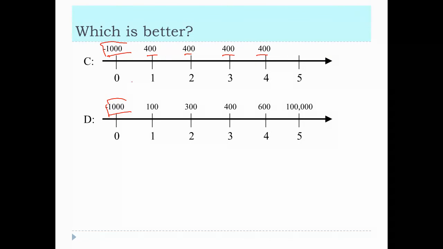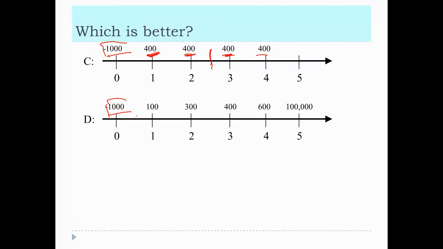Project D's cash flows are a little bit different. We could calculate the payback periods for these, and again, I'll leave it as an exercise, but clearly 400 and 400 is 800. That investment is not recovered after 2 years, but after 3 years it is. So somewhere in between years 2 and 3 is the payback period.